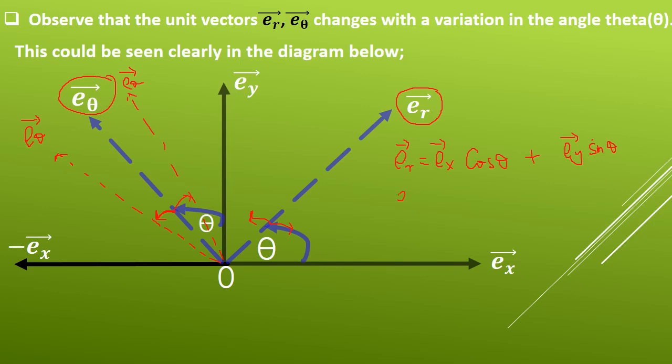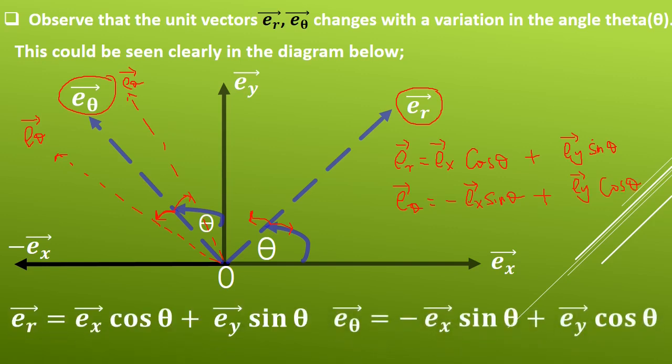Also, if you resolve the vector E theta, you are going to obtain negative EX unit vector sine theta plus EY unit vector cos theta. So those are the two expressions you obtain. These expressions below actually correspond to these expressions above.